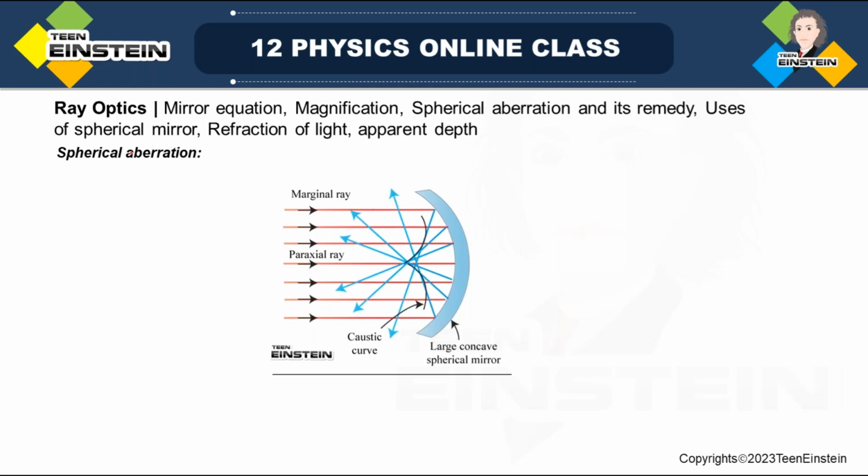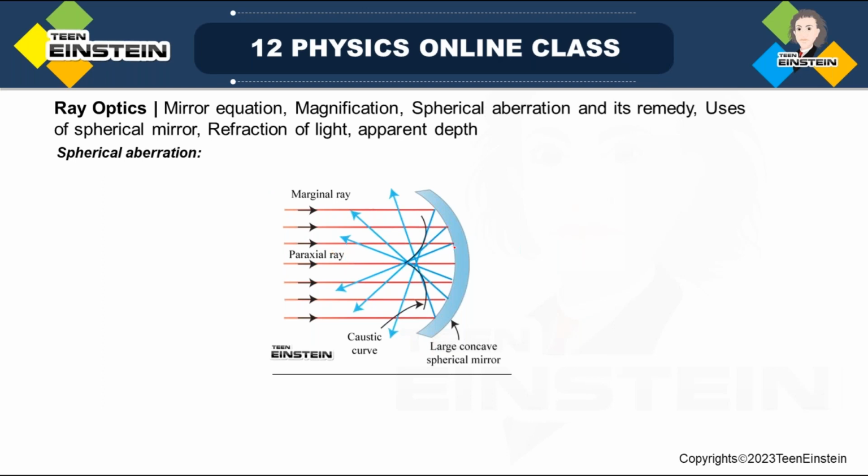The defect of this spherical mirror is that some rays are very far away from the pole, the marginal rays. You see here, the rays which are very near to the principal axis are called paraxial rays.